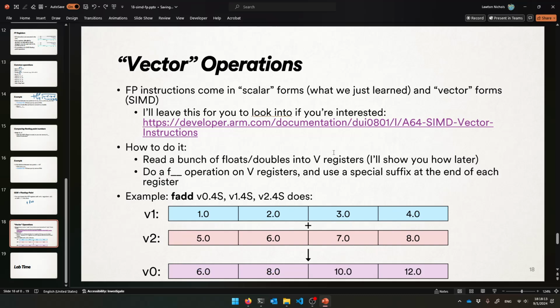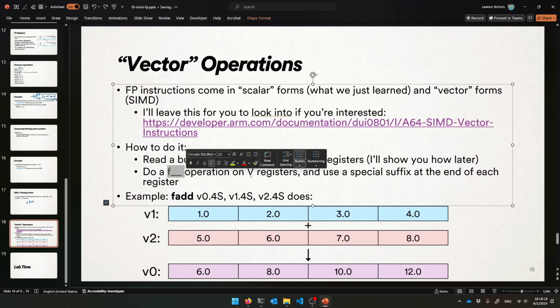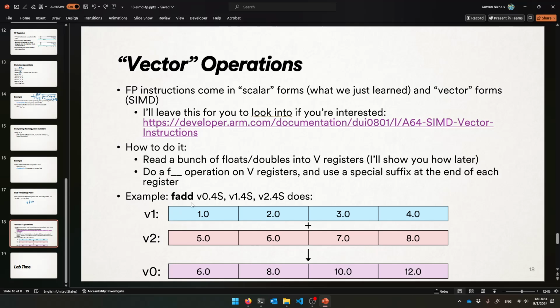And once you do that, I'll show you how later, but after that you can do one of your F blah blah blah operations on V registers rather than a D register or an S register. And then you have to use a fancy suffix to tell like how we're splitting things up, because it could have been a bunch of doubles or a bunch of floats. So for example, if you were to get V1 and V2 looking like this with these numbers, and you said F add V1 V2, and you put a dot 4s to show that you're breaking up V1 and V2.